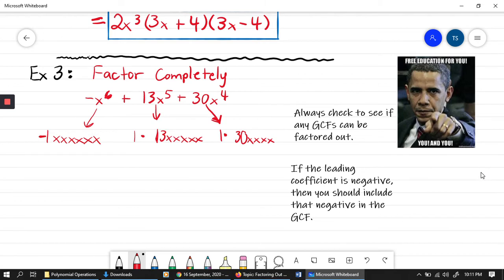But if we're taking out negative 1, then this needs to be negative 13, right? Because if we're including that negative as part of the GCF, that means that we need to think of what the other part of it is. So if we're taking negative 1 out of that, that means that this has to be negative 30.